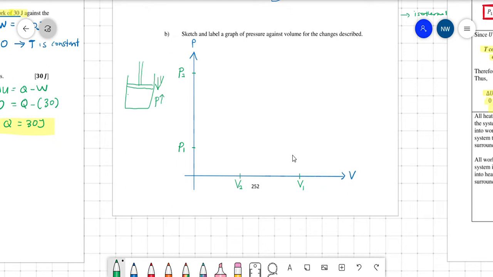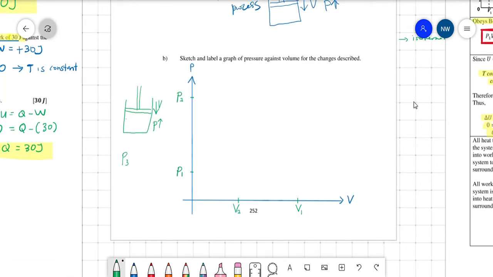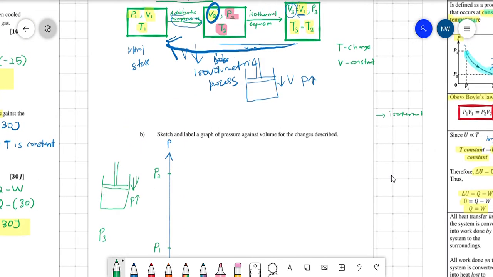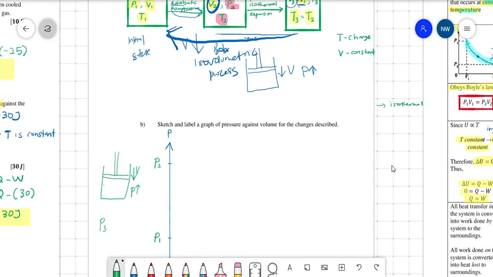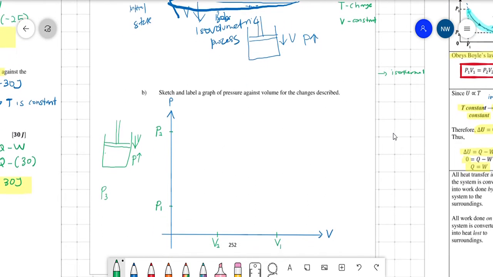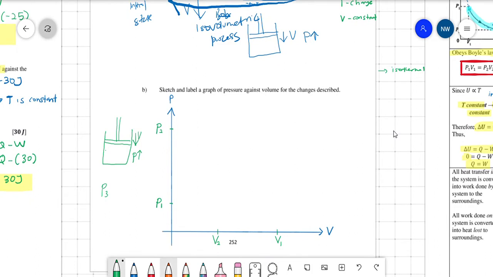Then for the third state, P3, we need to know where it is. The process is stated to be isothermal expansion. Therefore, the volume is increased because it expands. The piston will move upward and the volume will increase.